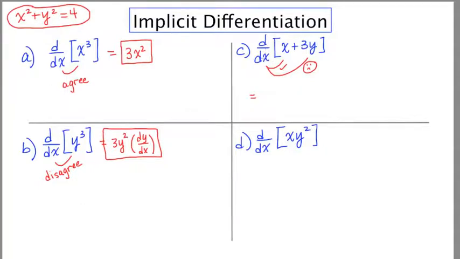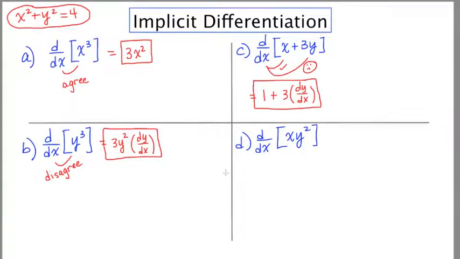The derivative with respect to x of the expression x is just 1. The derivative with respect to x of the expression 3y is 3. But then we need to use the chain rule on this, and we end up getting dy dx. So again, that dy dx creeps into our answer.